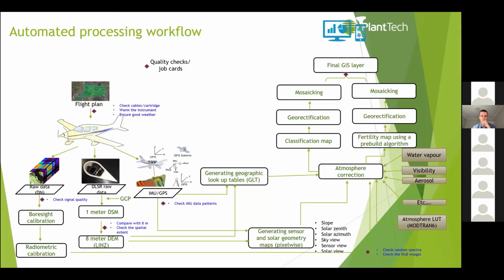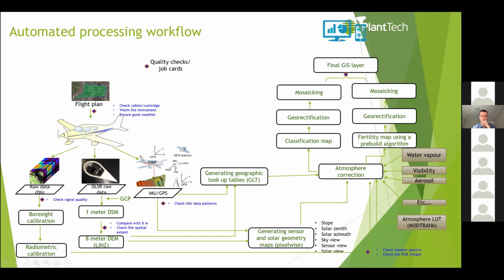Next, since all these corrections are very complex, can we really automate them? We have developed an automatic workflow. Once we get the raw data from the sensor, all the processing is automated.